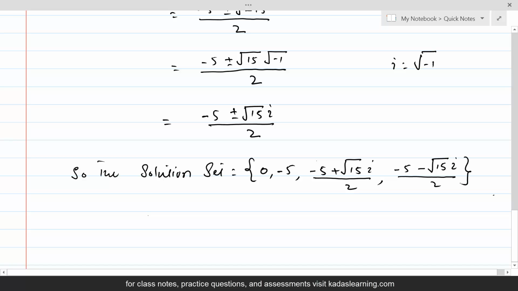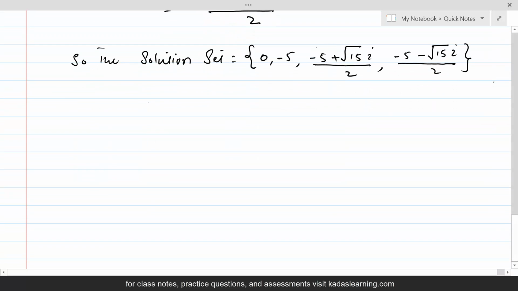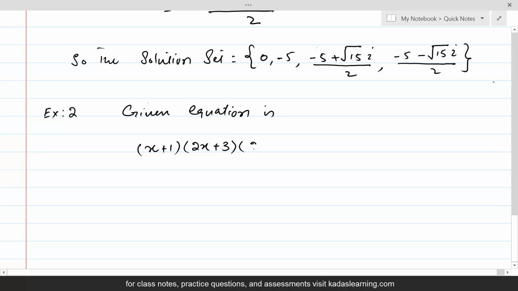If we take a look at the next question, which is essentially the same but with a little difference, example 2. The given equation is x plus 1 times 2x plus 3 times 2x plus 5 times x plus 2 equal to 945.